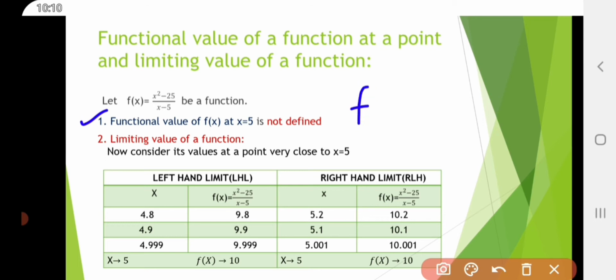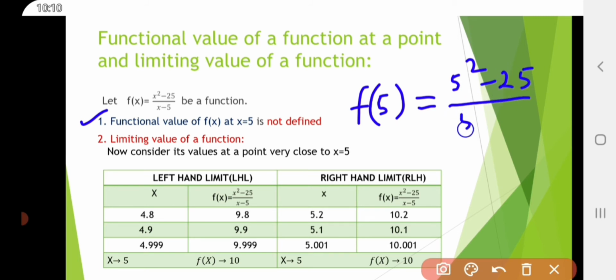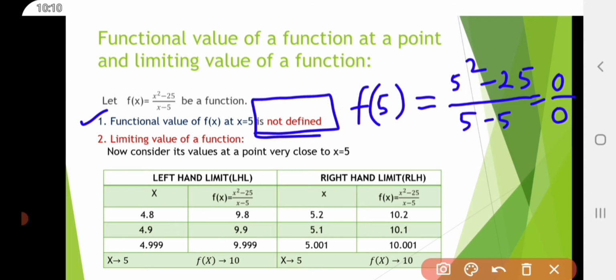If you put x equal to 5, then you get 5 square minus 25 divided by 5 minus 5, that is equal to 0 by 0, which is not defined. So here the functional value is not defined at x equal to 5.